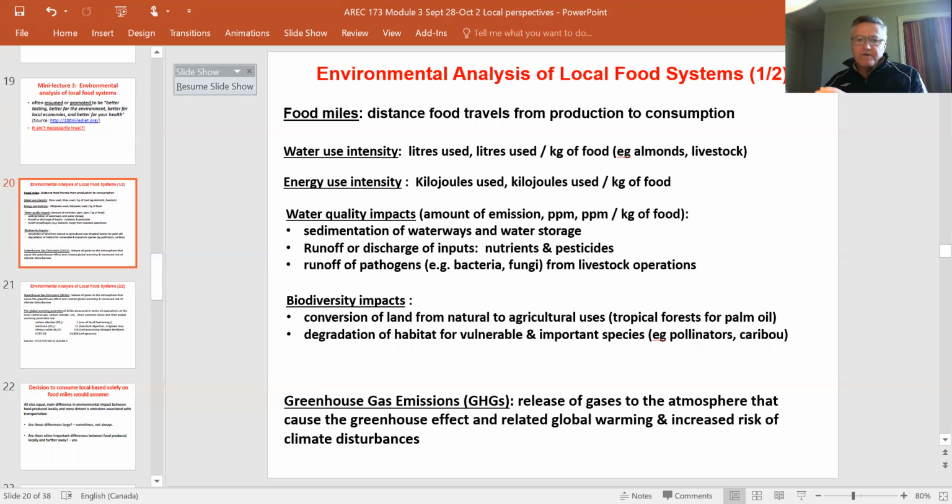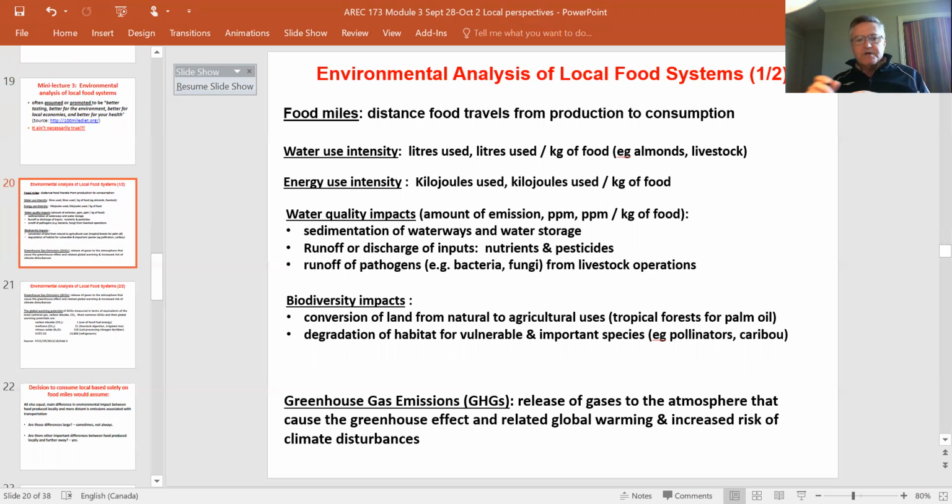So we have to be careful about what we're looking at. And if we think about livestock products, we might have to think about the amount of water used to produce the feed for the animal, not just the water that the animal drinks.